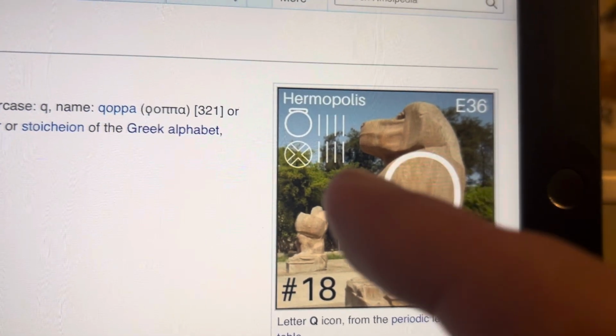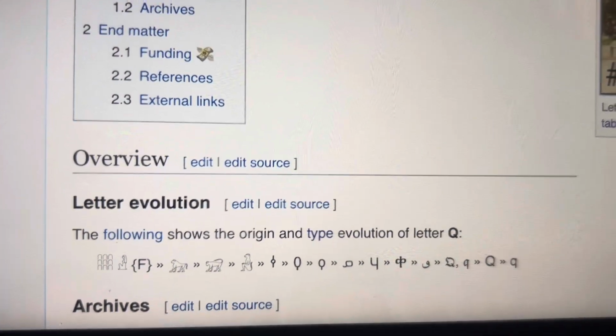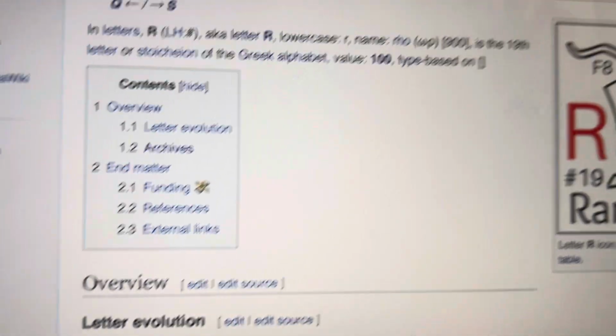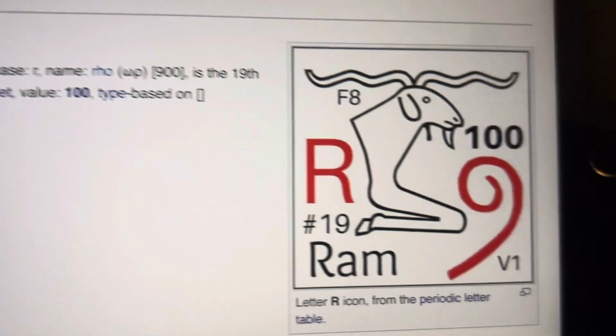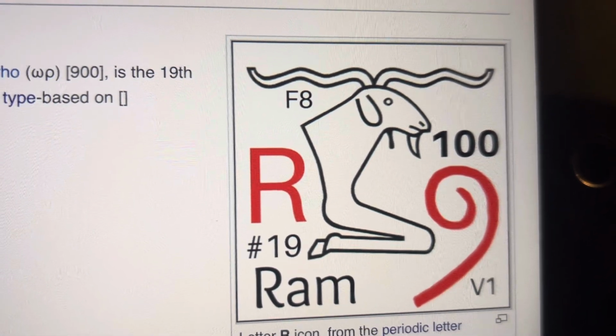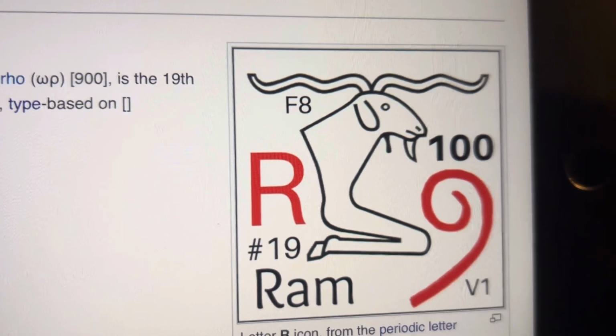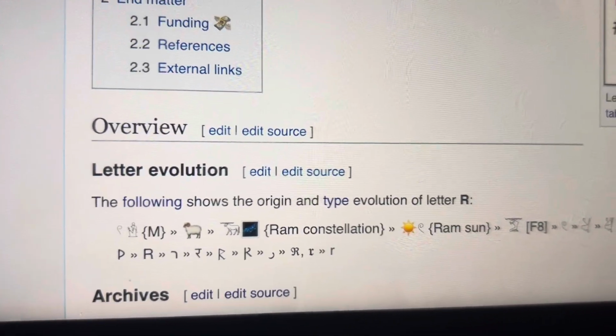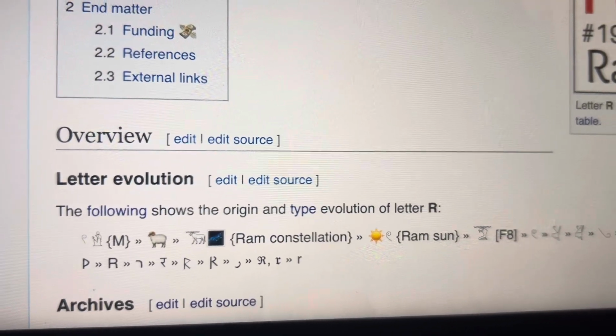That's the name of Hermopolis. Letter evolution. Letter R is the ram, or sun in ram constellation, representative of a battle ram. Letter R, evolution.